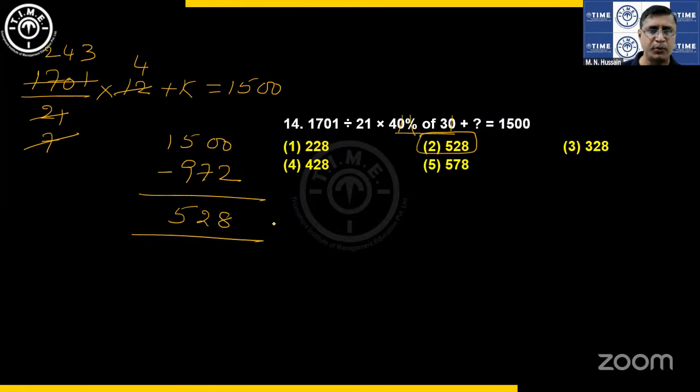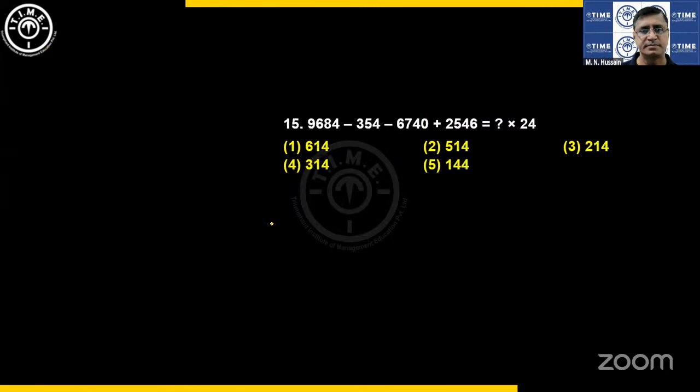Now look at the next example on your screen. 9684 minus 354 minus 6740 plus 2546 is equal to question mark into 24.